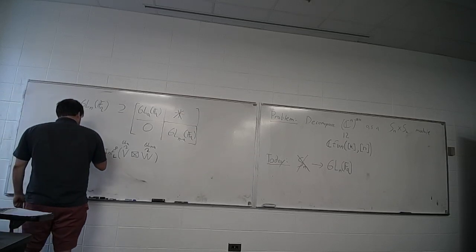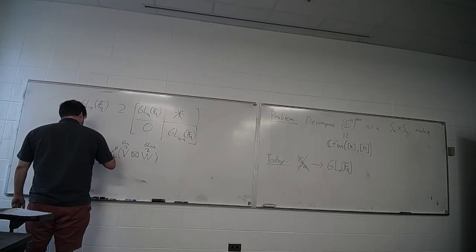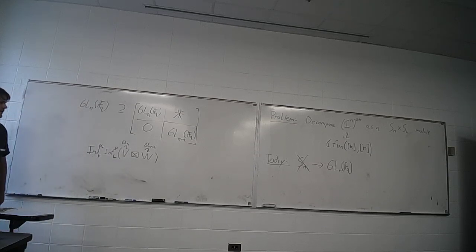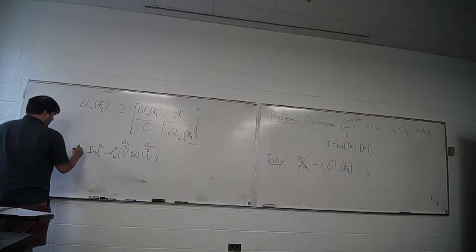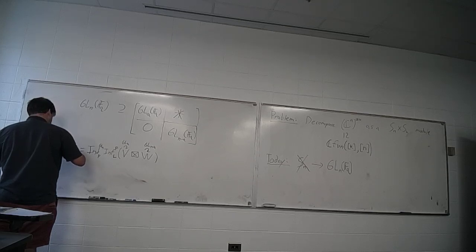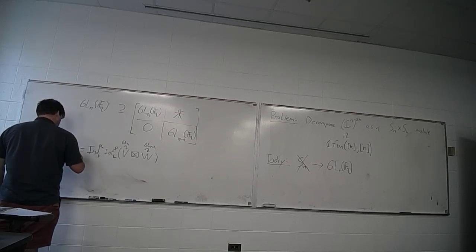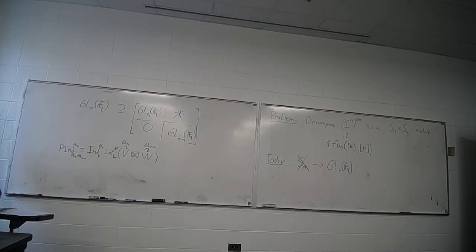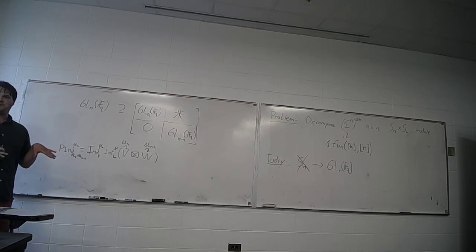And then I induce from this parabolic up to GLN. This is called parabolic induction. It's a composition of 2 functors, a very nice operation, much nicer than just naively inducing your representations.